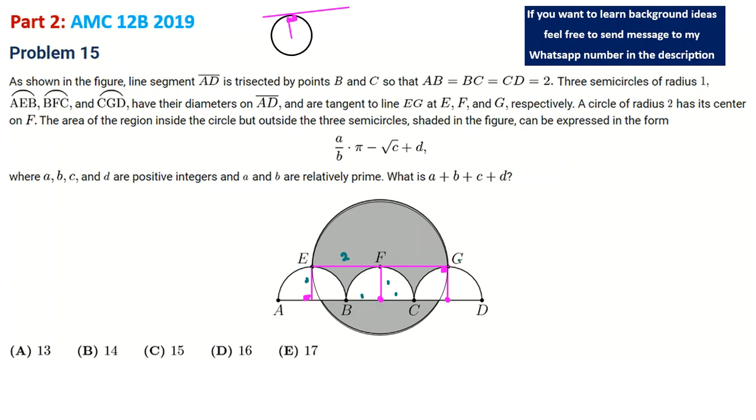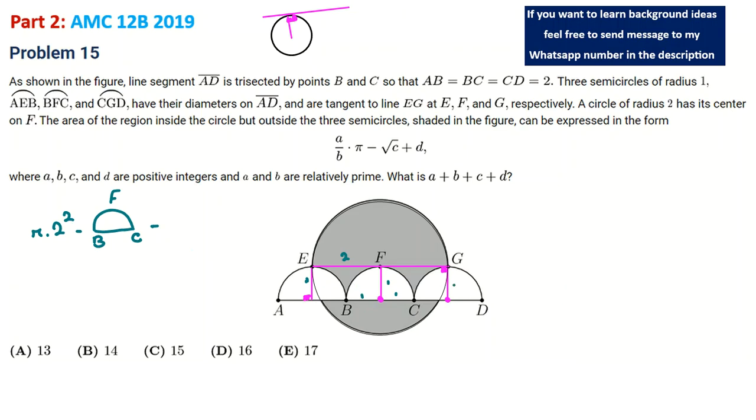If we want to calculate this shaded region, the large circle is pi times 2 squared, minus. We should subtract this semicircle, BCF, and we should subtract these two parts, okay?